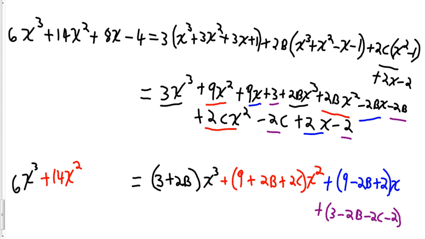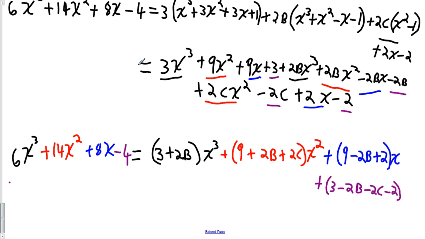The coefficient of x to the first on the left, which is 8, has to equal 9 minus 2b plus 2. And the constant on the left, which is negative 4, has to equal 3 minus 2b minus 2c minus 2.